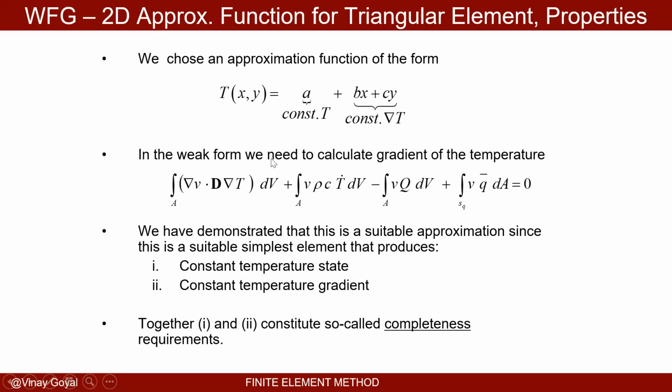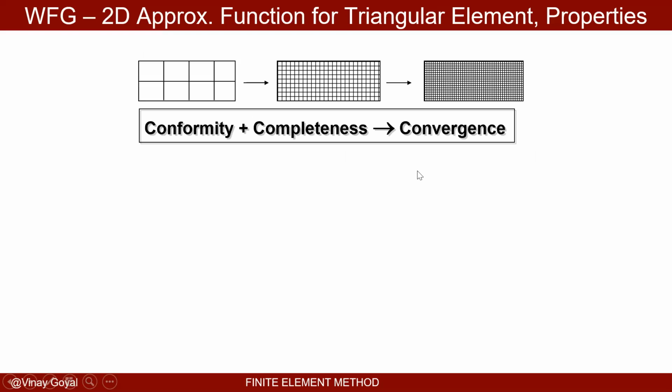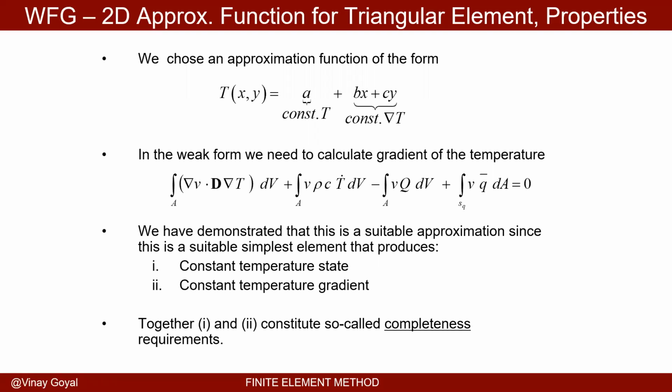In the weak form, we need to calculate the gradient of temperature. That's one of the things that needs to be done. But we have demonstrated that it is a suitable approximation. We've been able to show that the triangular element is excellent because it can represent a constant temperature state and it can also represent a constant temperature gradient.